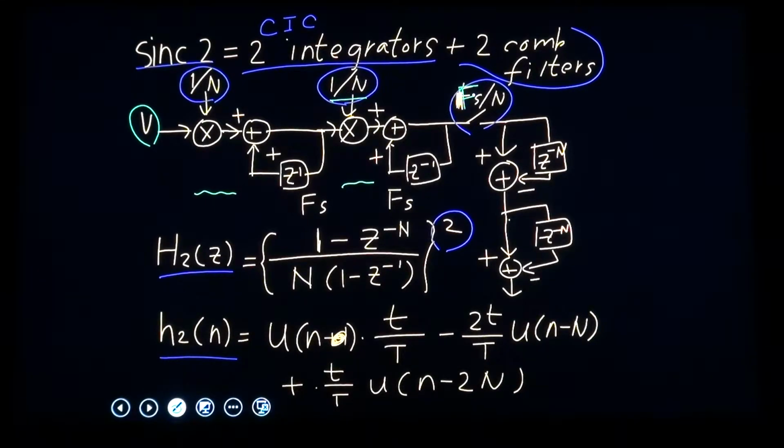Yeah, the transfer function can be easily found. H2 of z equals 1 minus z to the power of minus n, over n times 1 minus z to the minus 1, squared. So this is nothing but H1 of z squared, right? H1 of z squared.